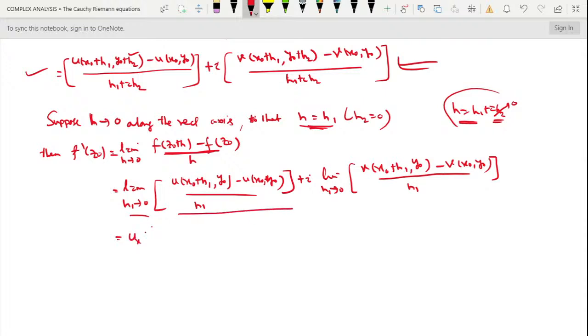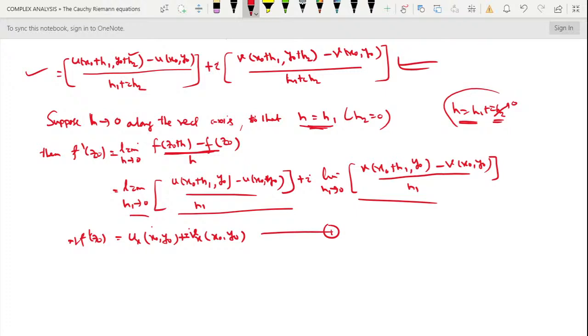This is u_x of x0 y0. Similarly, this is i times v_x of x0 comma y0. So this is f dash z0. This is equation 1.